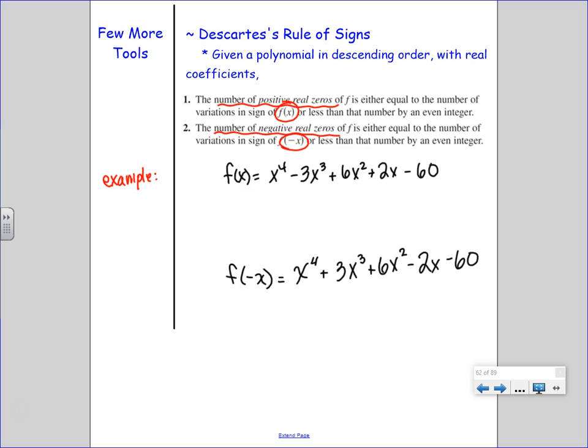But how do we use Descartes' rule of signs? We ask the question, what's the number of changes in signs between the terms in descending order?